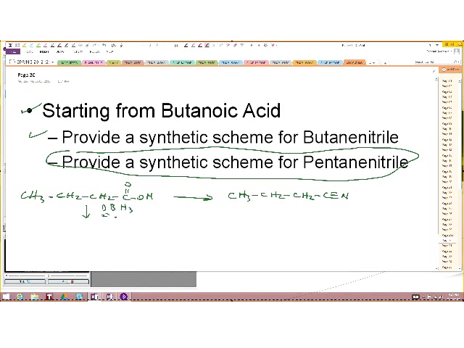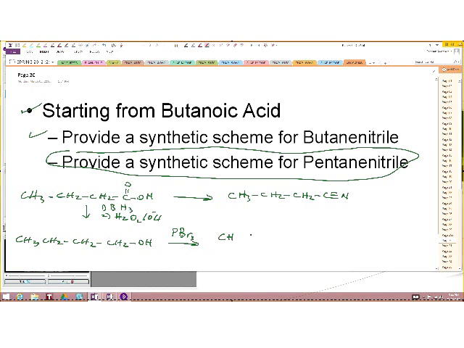We could use the reagent I just gave you, BH3, followed by hydrogen peroxide, and that will give you a primary alcohol. Now, what do you do with that? PBr3. So you want to replace the hydroxy with bromine.